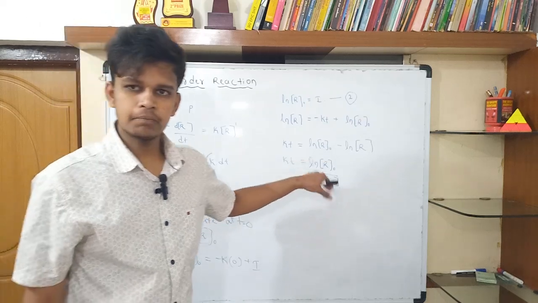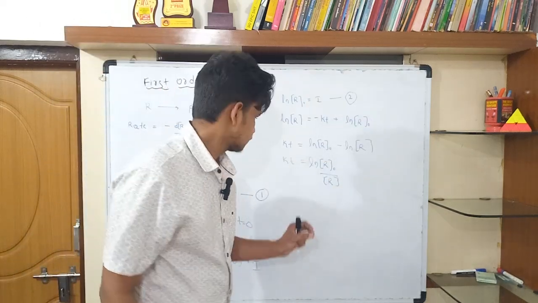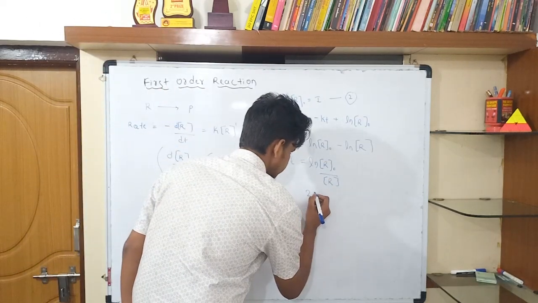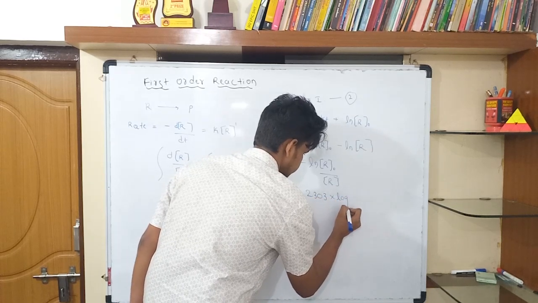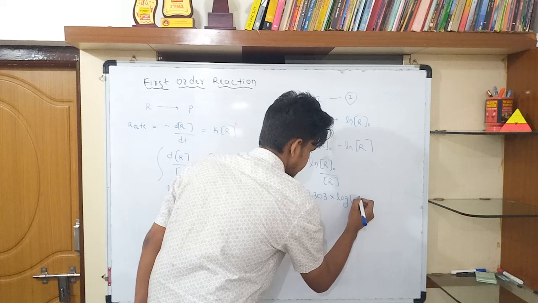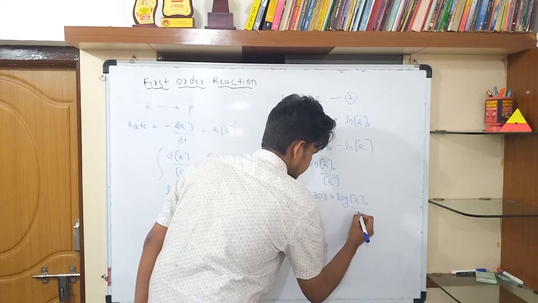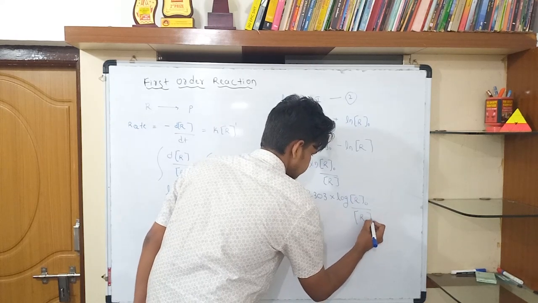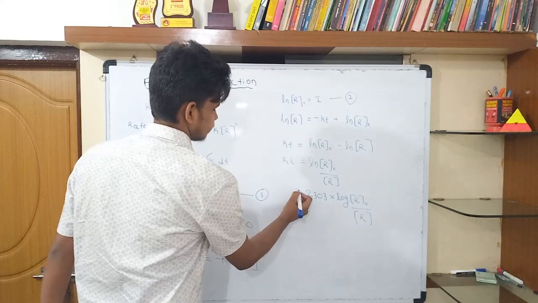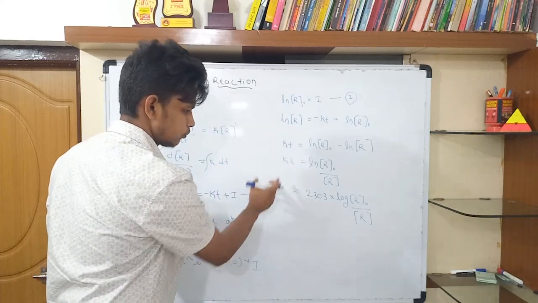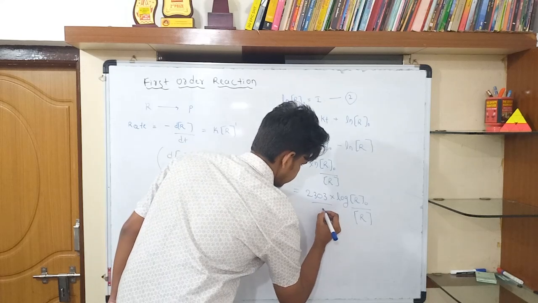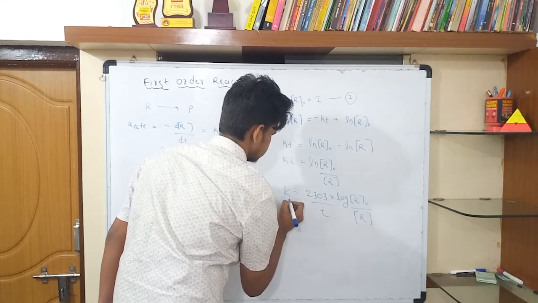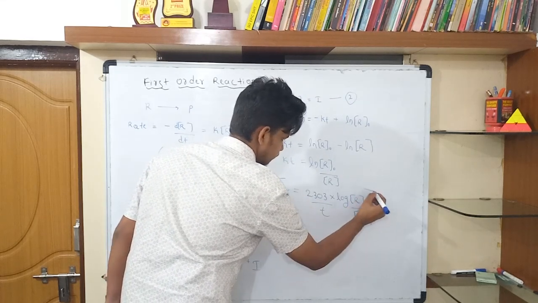To get it in the form of log, we have to multiply by 2.303 into log of R naught divided by the concentration of R. Here we want k, so we send this t to this side, and we get the value of k.